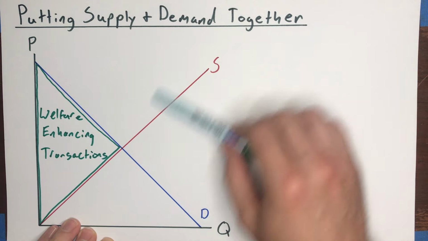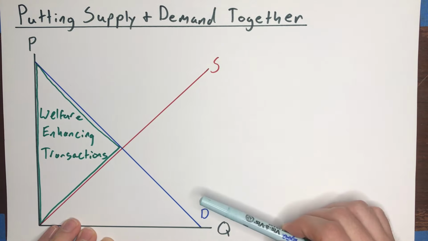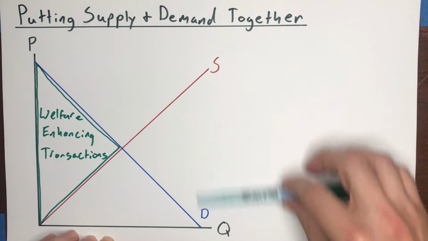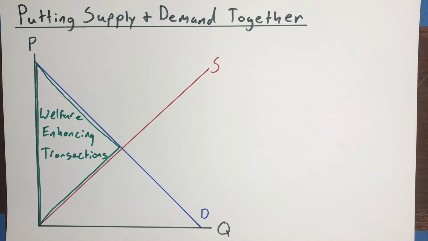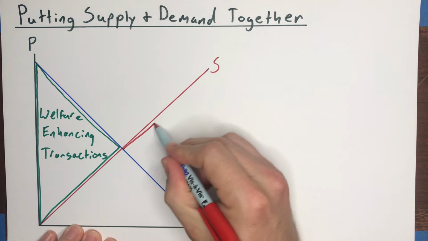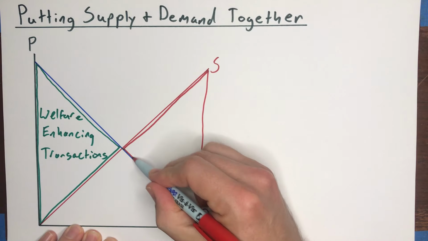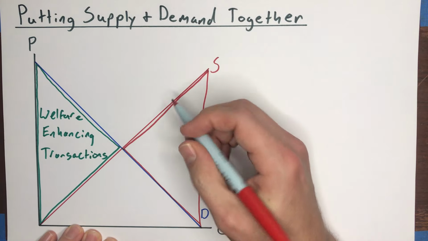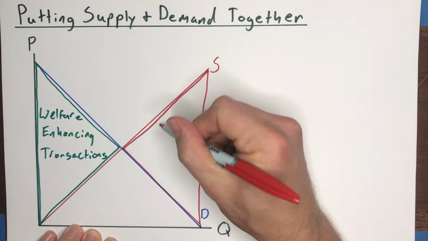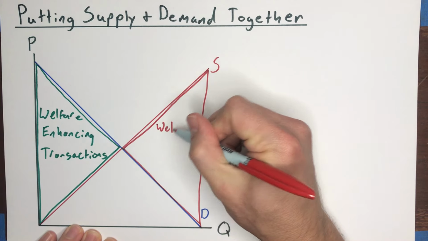So over here, you're wasting society's scarce resources, and we would not want to see any of these transactions happen. So I'm going to shade that side in red. And make a note that these are the welfare reducing transactions.